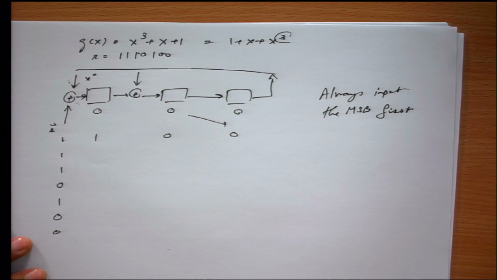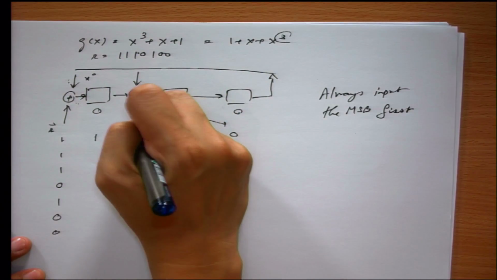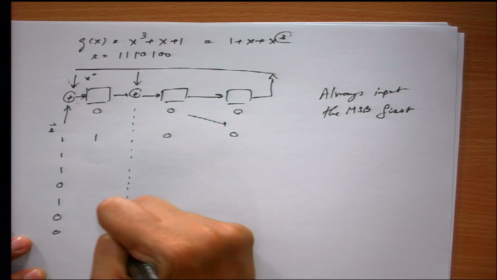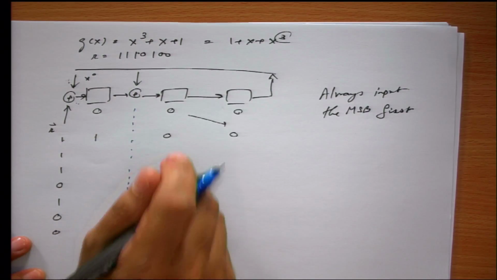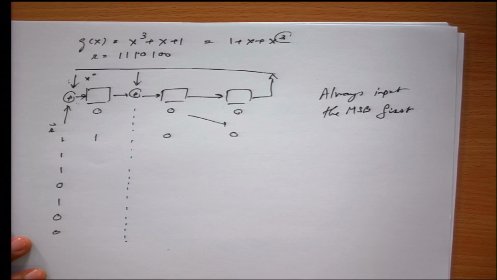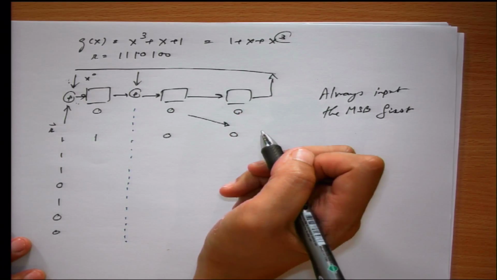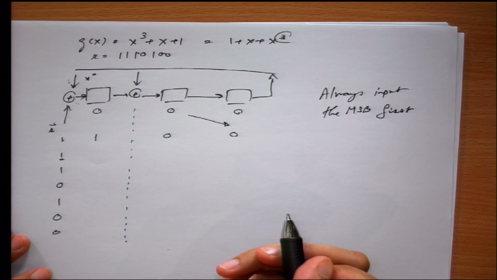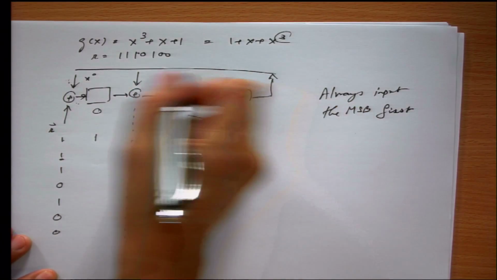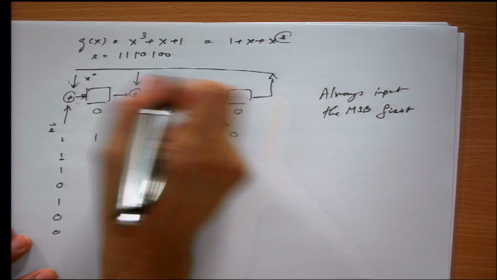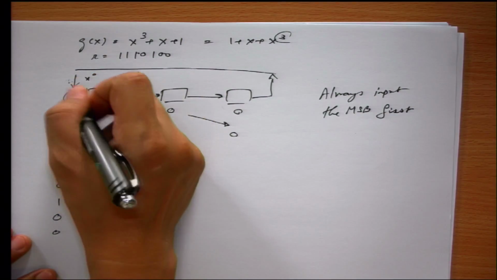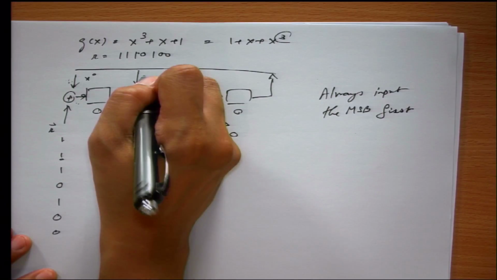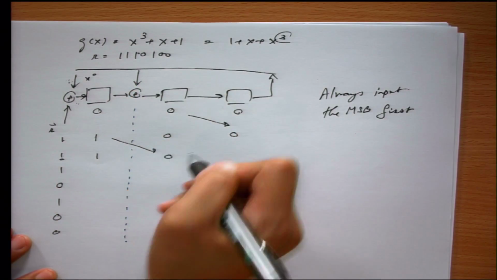Now to use the technique of the boundary, we can put it like this. If you cross the boundary, you have to be careful. But if you don't cross the boundary, the value is always the same. Then 1 gets in again. When this one gets in, the shift feedback bit is 0 again, so 0 plus 1 is 1. So this goes down as 0, and this is the same.